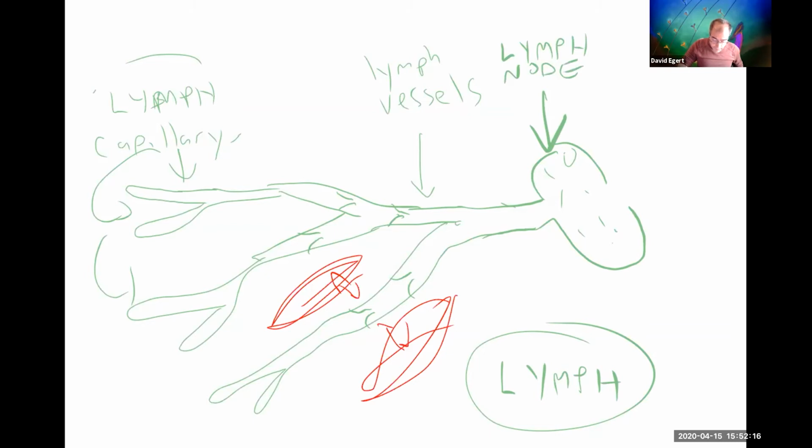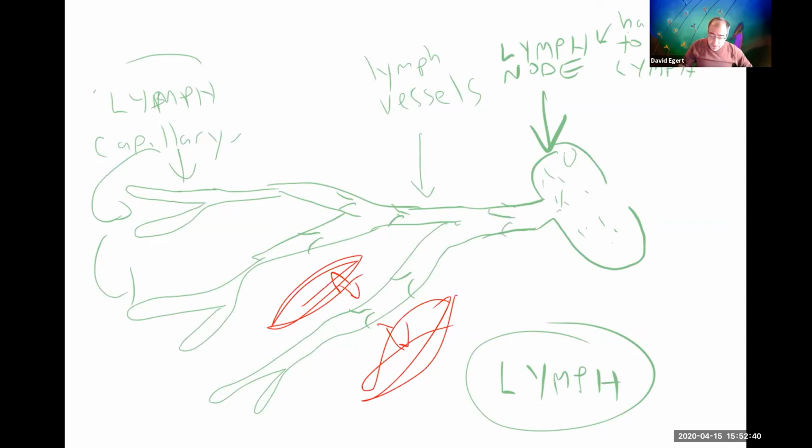So the lymph node has white blood cells that help do immune system. We'll talk more about the lymph nodes in just a few moments, but the basic idea is they can filter.